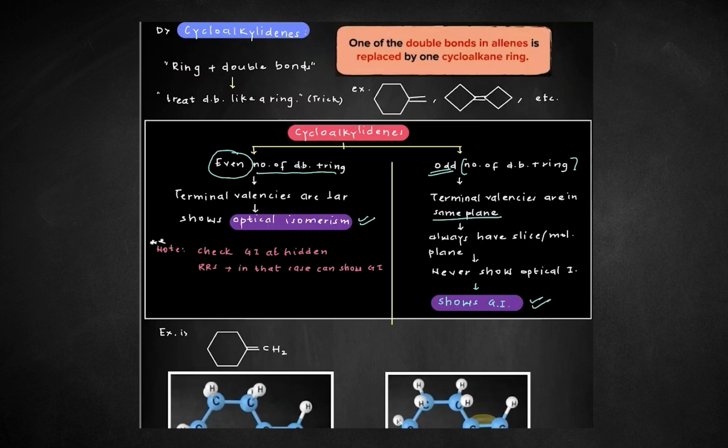So you can again use the trick, that is the God. If the number is odd, check geometric, and if the number is even, check optical isomerism. I hope it is now very clear to you. At the end of this lecture we will summarize under one slide, and using that single page you will be able to solve all types of questions.